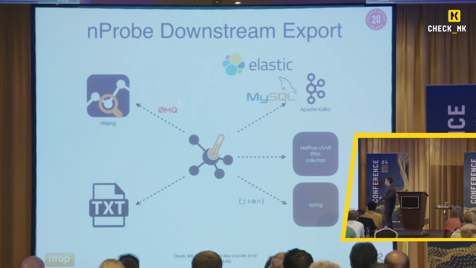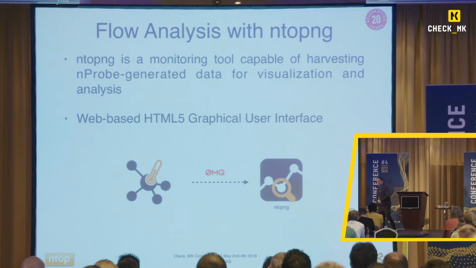So you are free to create your own applications that connect to nprobe over ZeroMQ. And we use ZeroMQ also to speak with ntopng, which is our monitoring and visualization tool that I will show you in this last part of this presentation.